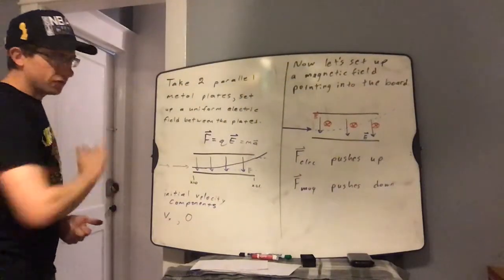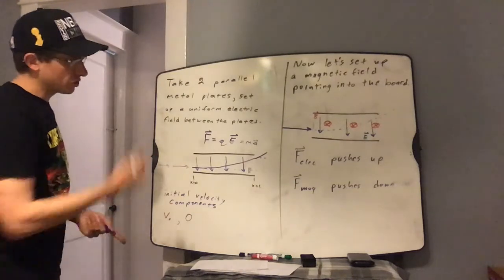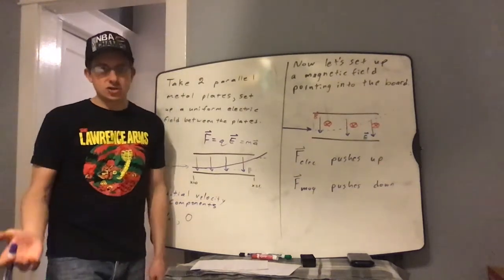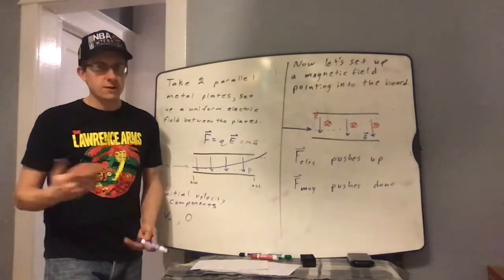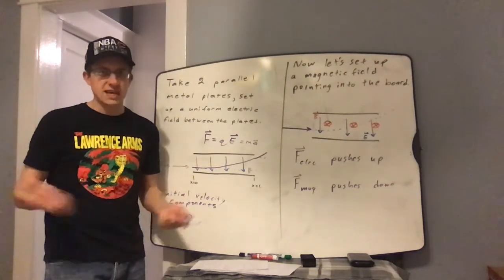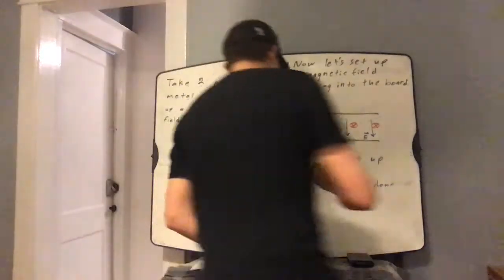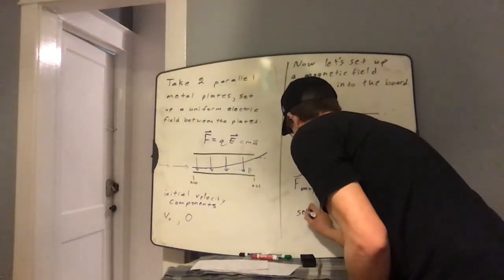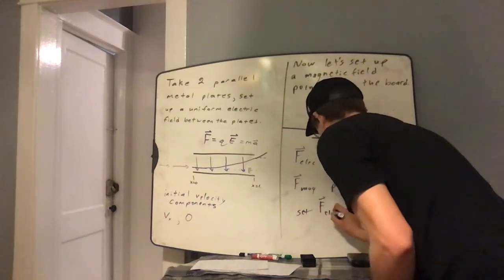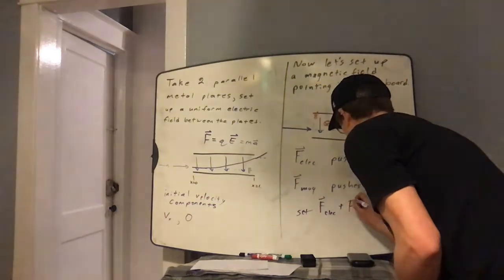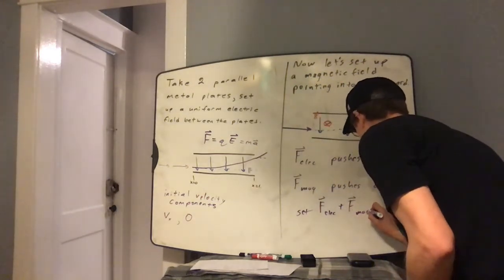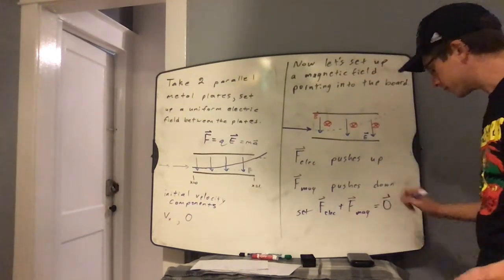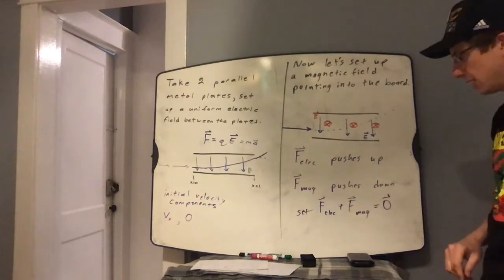The direction of the electric force is up, the direction of the magnetic force is down. Let's tune the strength of the magnetic force so the two forces cancel perfectly. So let's set F electric plus F magnetic to be equal to 0, so that they cancel exactly.